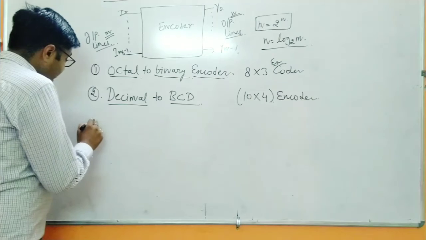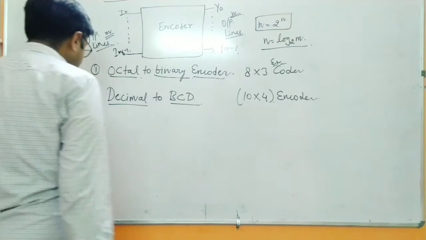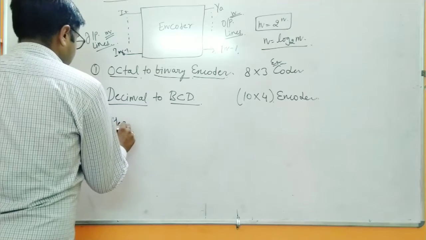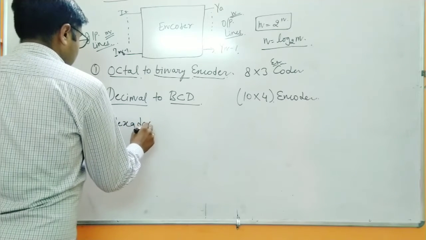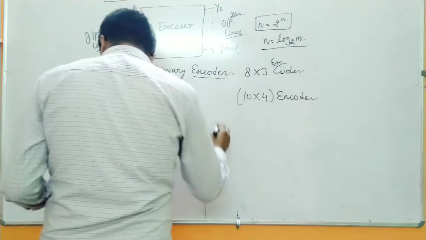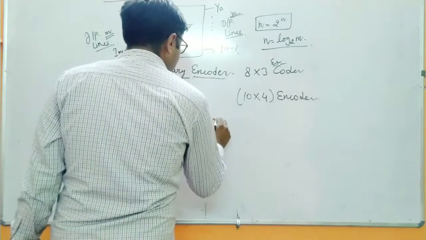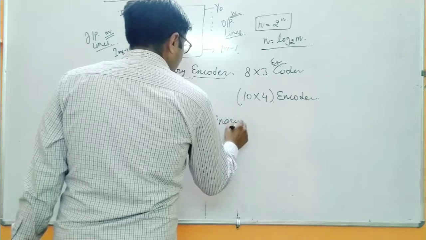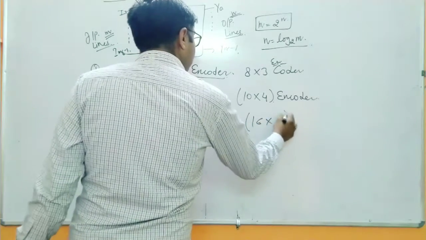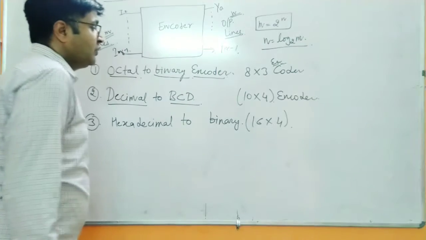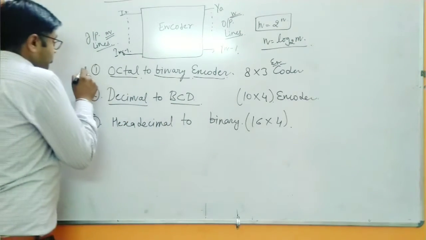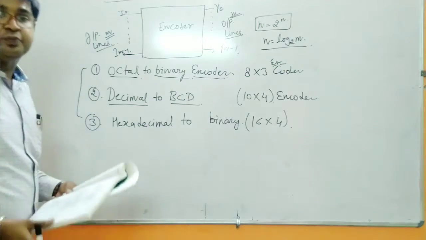The third one which is used is hexadecimal to binary, called 16 by 4. So these are the encoders which are used quite frequently.